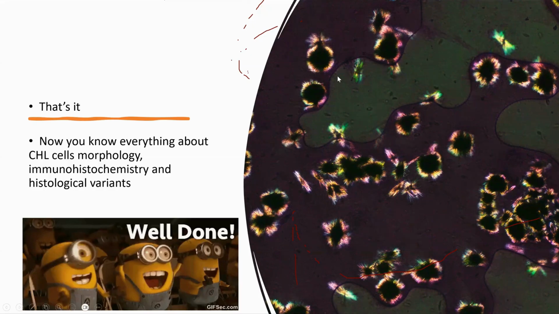I agree. We also find PAX5 quite helpful because the Hodgkin cells are almost always weakly positive for PAX5, and the differential staining between the weakly positive Hodgkin cells and the strongly positive infiltrating B cells is often very helpful.